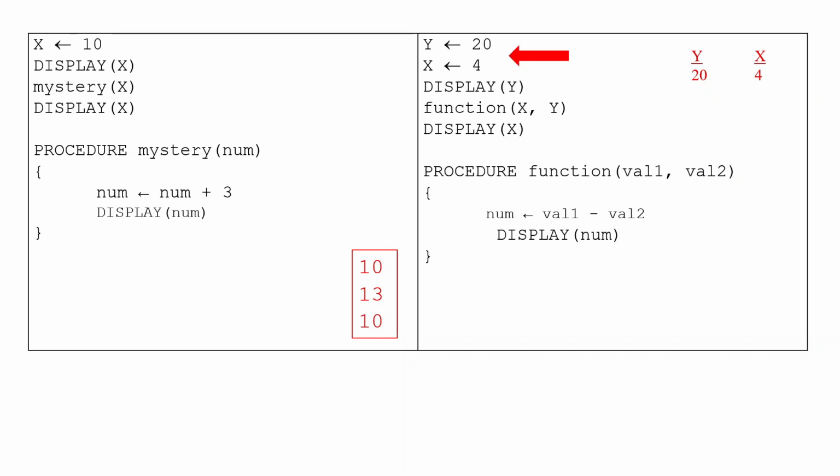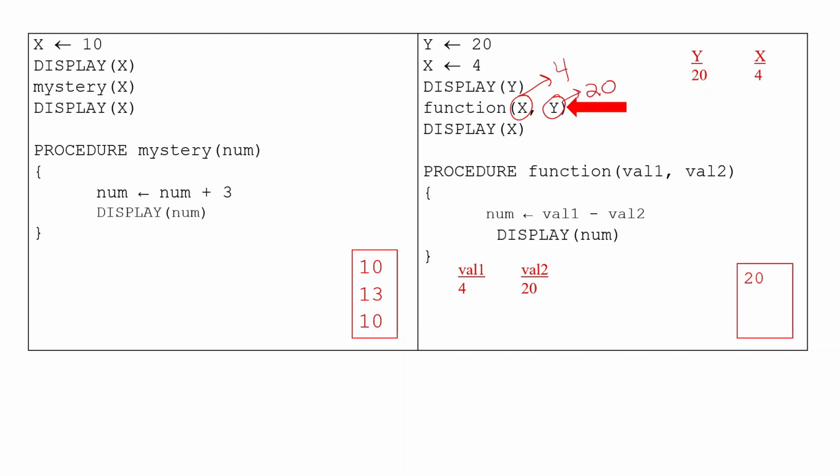So over on the right side here, we got Y is 20, X is 4. My first line, it says display Y. So I'm going to display 20. Y is currently 20. My next one, I have function X comma Y. So again, this is passed by value. So X is currently 4 and Y is currently 20.